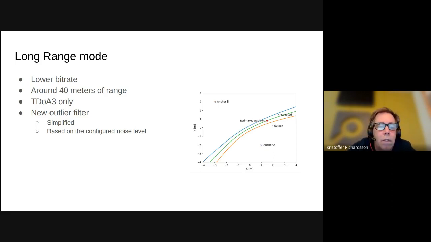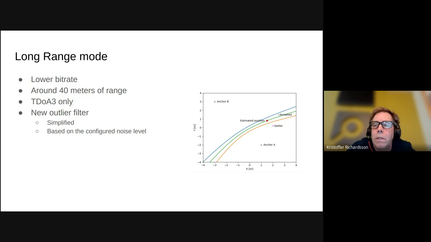And there is a piece of code called the outlier filter in the system that's trying to remove bad data packets that might have been bouncing around a bit too much, or for some reason the data is bad. And the outlier filter was very much written for an 8 anchor system with the old bit rate, and there were a bunch of different assumptions.